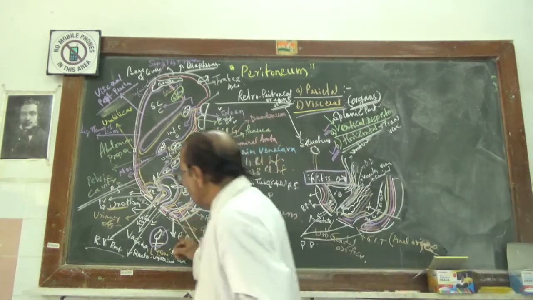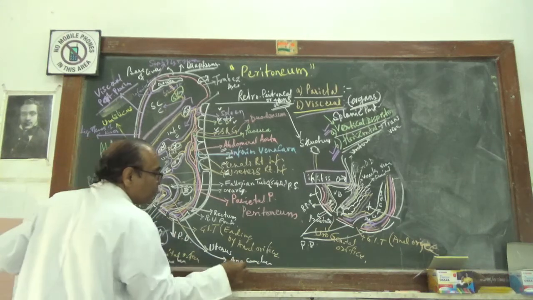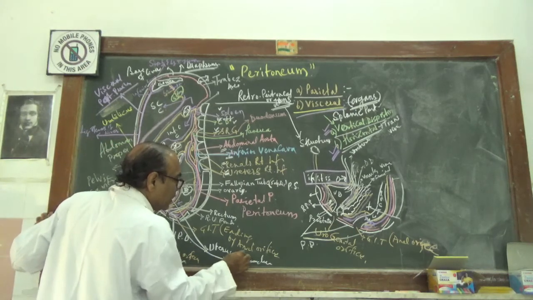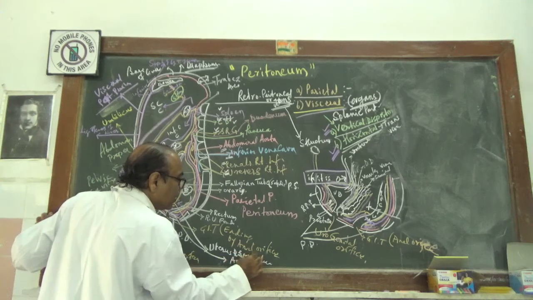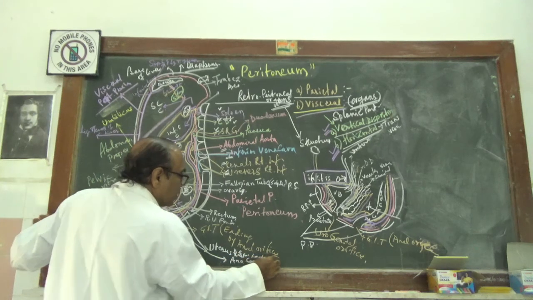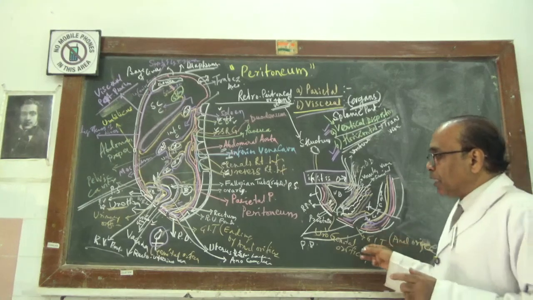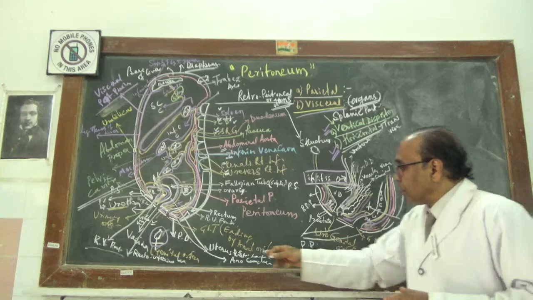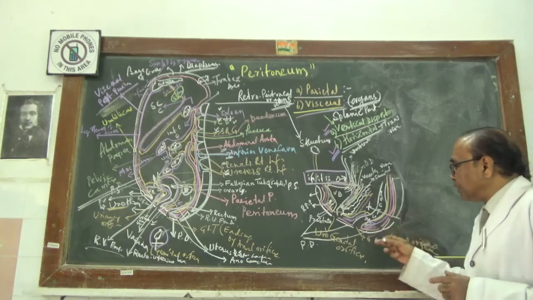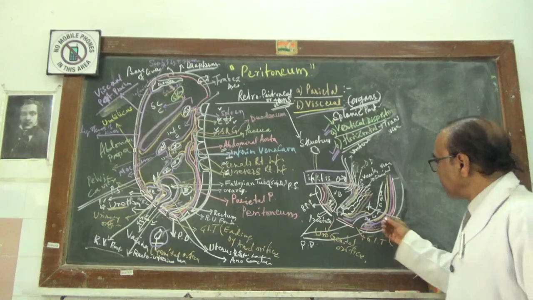Here also you have the anococcygeal and recto-coccygeal ligaments, and also the transrectal ligament.